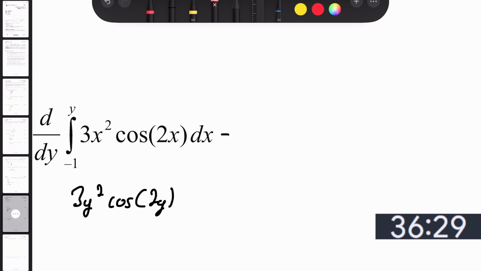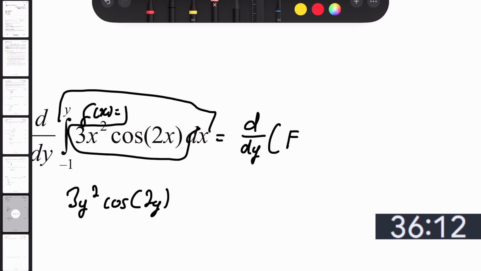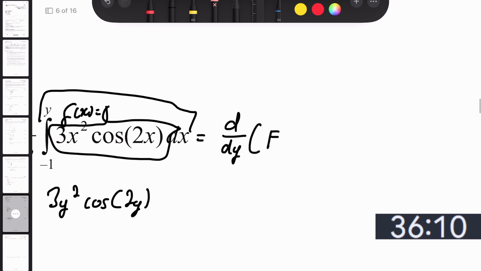A nice way to think about this is, let's differentiate this and write it in actual terms. This would be capital F. So if we let f of x equal this lower bit, then this will be big F of y, because we sub in y first, and then big F of -1.